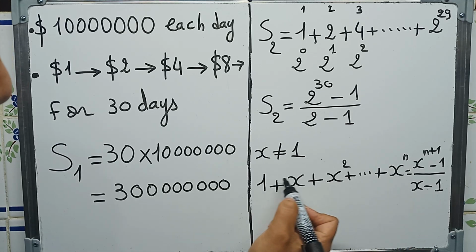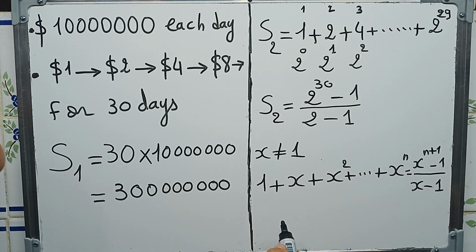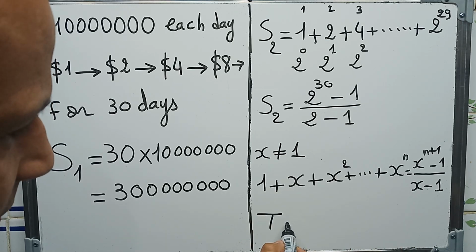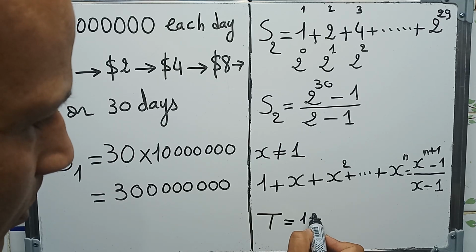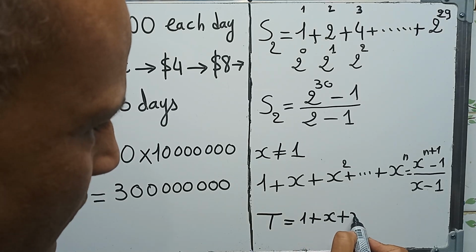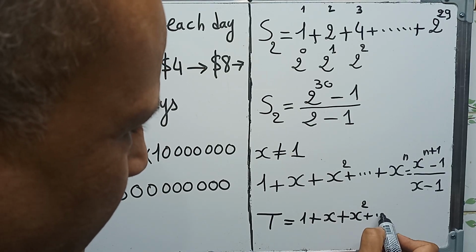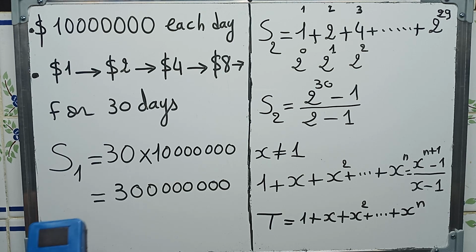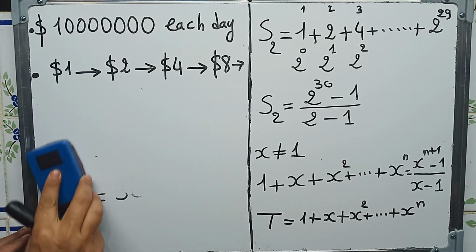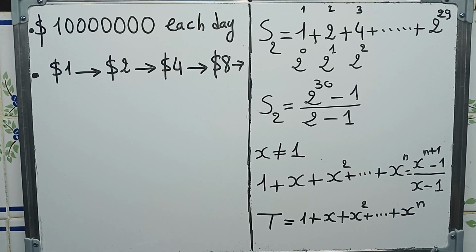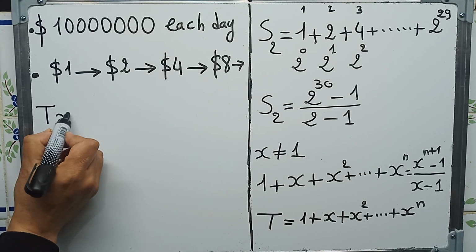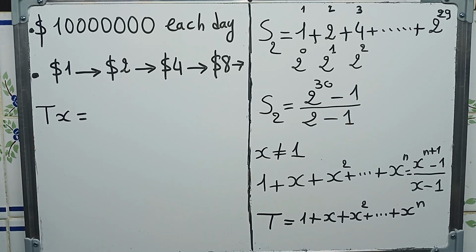I will call this sum t, t equals 1 plus x plus x squared until x to the power n. If we call it t the sum, we will have tx equals, we multiply by x and we distribute it.